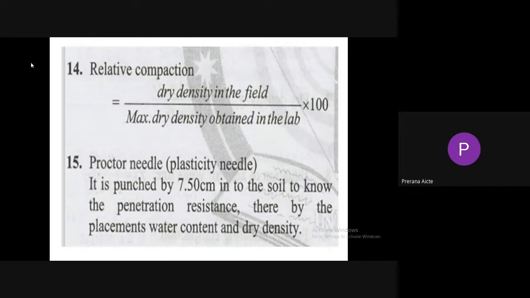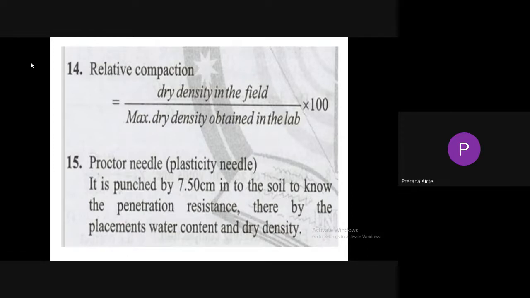This Proctor's needle is punched 7.5 centimeters into the soil to know the penetration resistance. So there will be the placement water content and dry density. The penetration resistance depends upon water content as well as dry density. If the water content is more, dry density is less, penetration resistance will be less. If the water content is less, dry density is more, penetration resistance will be less.